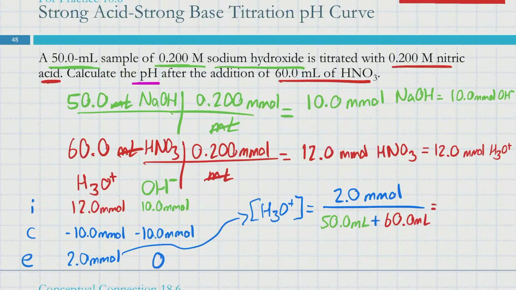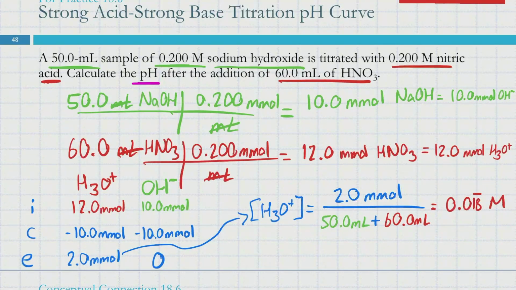So 2 divided by 110, our concentration is 0.018, and that 18 looks like it's repeating. And it's molar, since we will end up with millimoles over milliliters. The millis cancel, we're left with moles per liter.